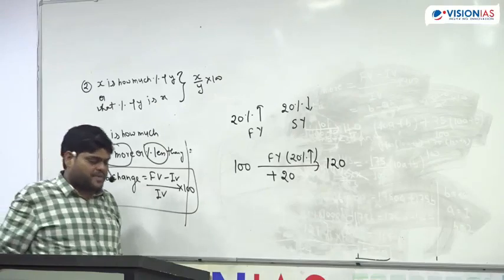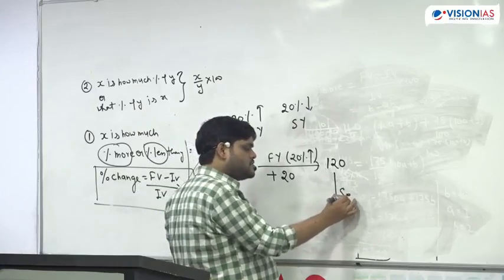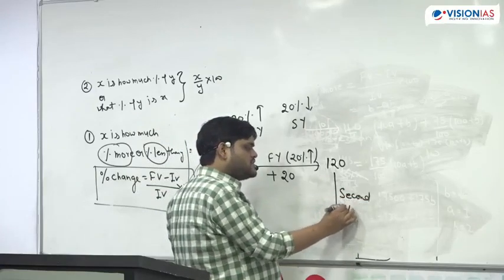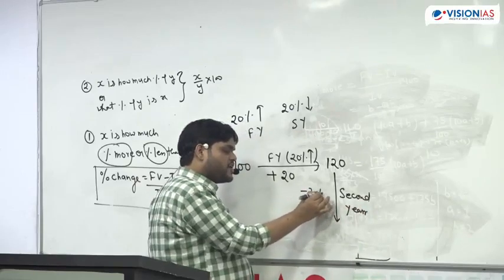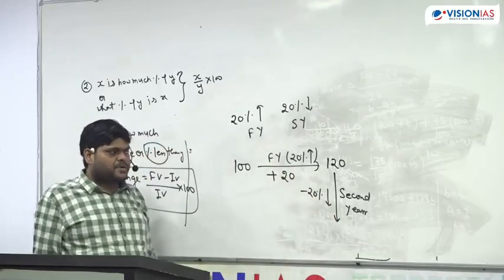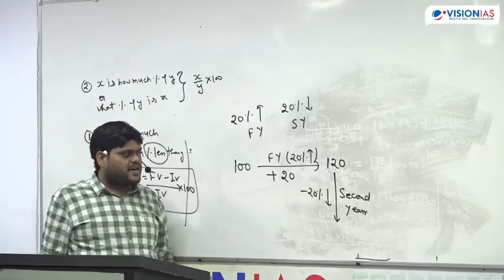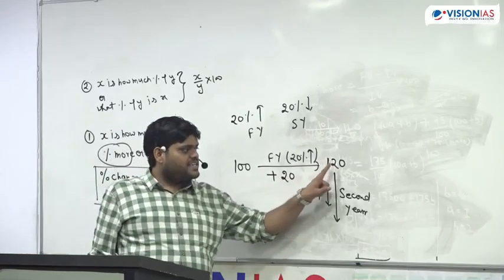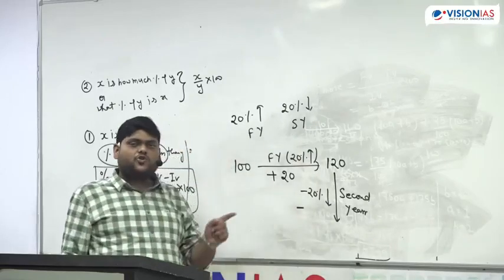Now what will happen the second year? The population is decreased by 20%. What is the meaning of a decrease of 20%? Decrease means minus sign. How much decrease? 20%.